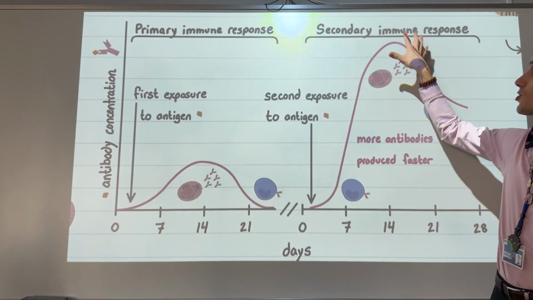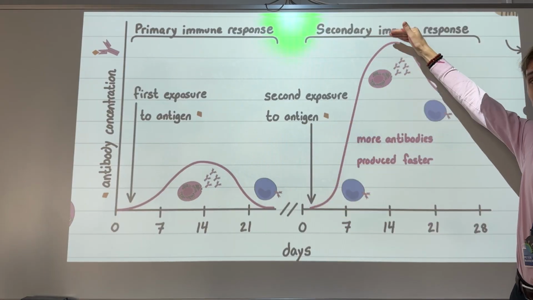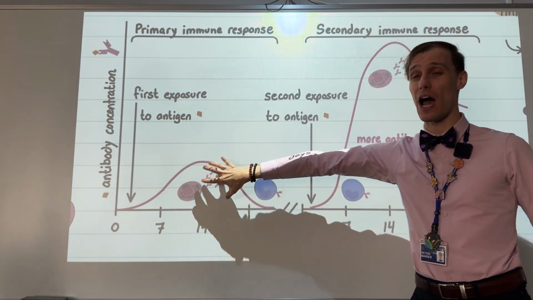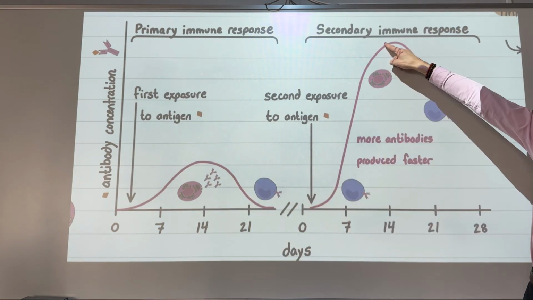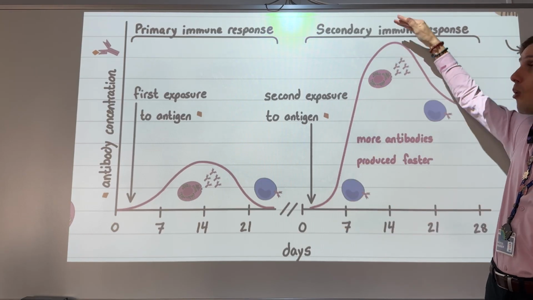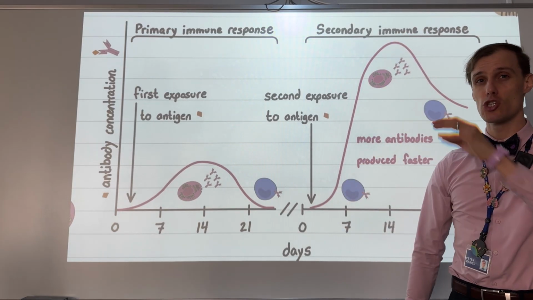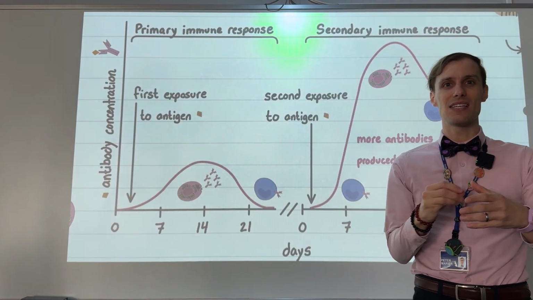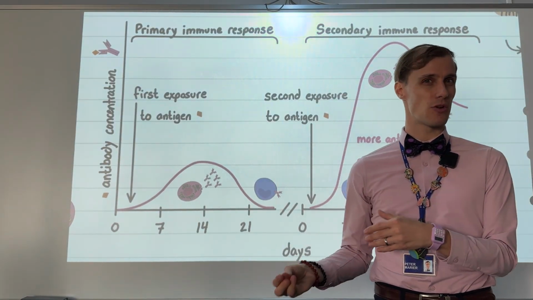So notice that under the secondary immune response, the rate and the amount of antibodies produced is far higher than in the primary immune response. Look at how much faster antibodies are being produced, and look how many more antibodies are being produced. In fact, this response is so fast that this is kind of why you may not even realize you've been infected by something you're immune to.